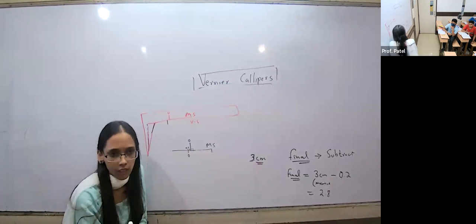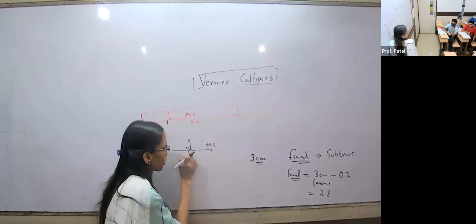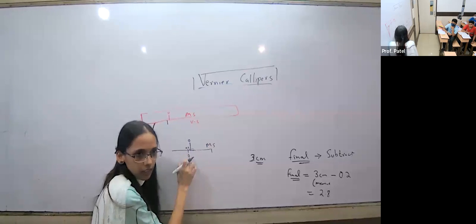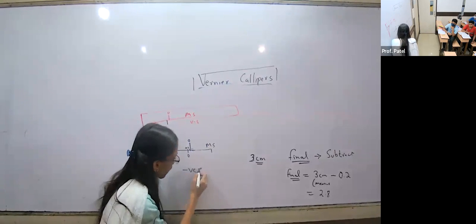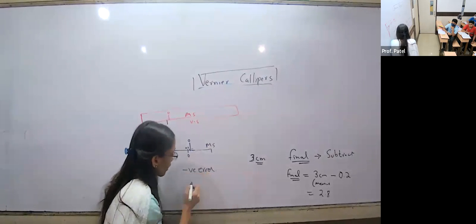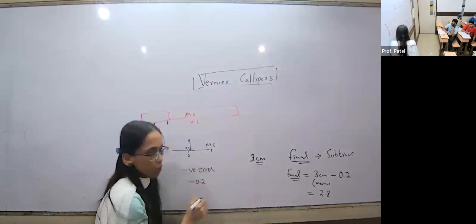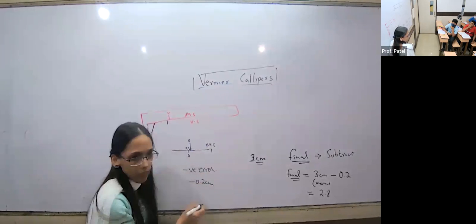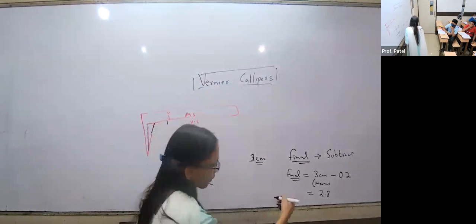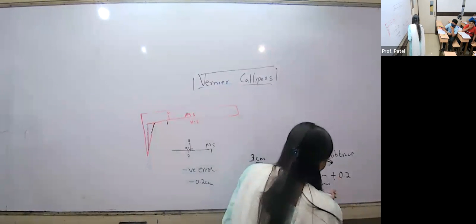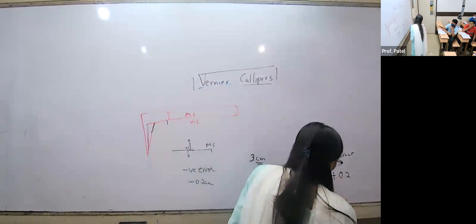It had actually traveled more than 3, because it had already traveled some distance before. So when it is behind, we call this negative error. We write it as -0.2 centimeter negative error. But for the final measurement, we add that and my answer is 3.2 centimeter.